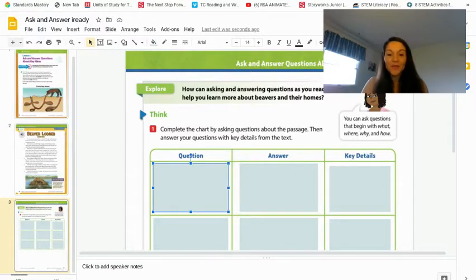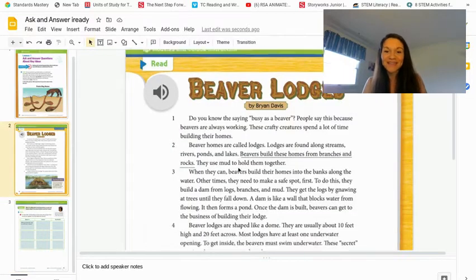So I know beavers build their homes. So that's the fact I'm using. My question, I'm going to turn it into a question from a statement. So my question will be, what do beavers use to build their lodges? Question mark. In my answer, when you are answering the question, you don't need to copy it word for word from the text.